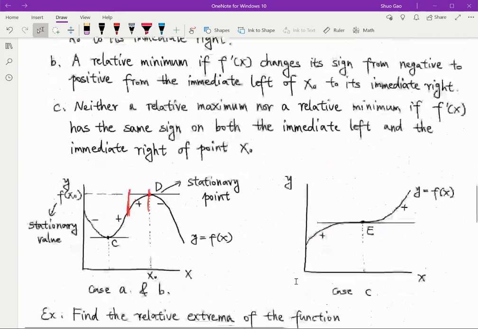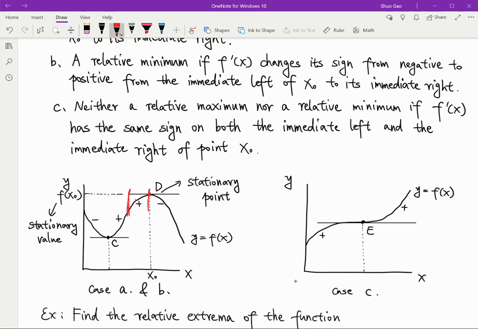So because it's an increasing function in this little interval here, the average rate of change and the instantaneous rate of change are positive, right? So based on the definition of derivative, the derivative in this interval is positive.